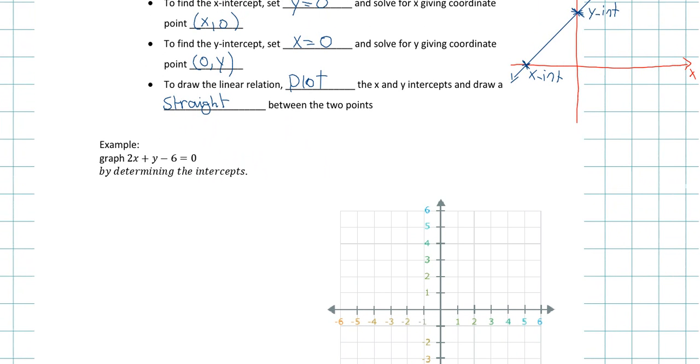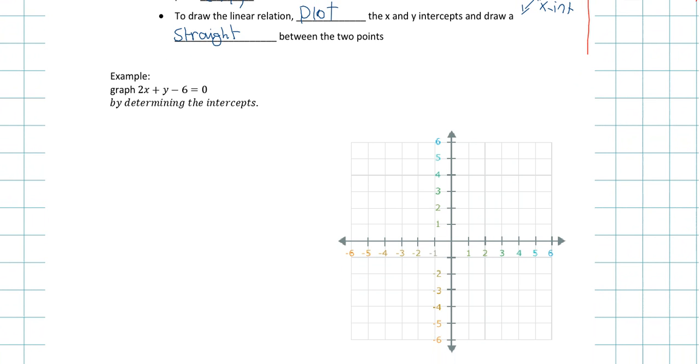Okay? To find the x-intercept, what do I do? y is 0. Can you guys tell me if this is a linear function? Yes, because both the x and the y have a degree of 1. Okay, so to find the x-intercept, I'm going to set y equal to 0.